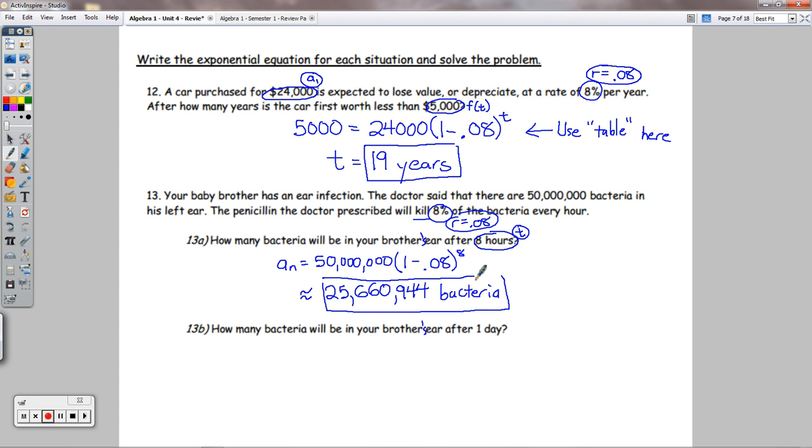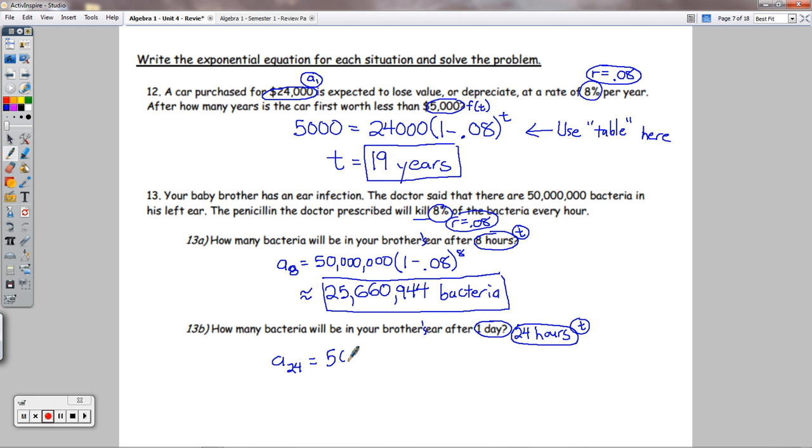Lovely. So still over half the bacteria left after 8 hours, but after 1 day, this is going to be the same thing as 24 hours. Our equation is given to us in terms of hours, so we need to make sure that we use hours and not days when we plug in a t value. I could have written this as A8, so now we're talking A24.